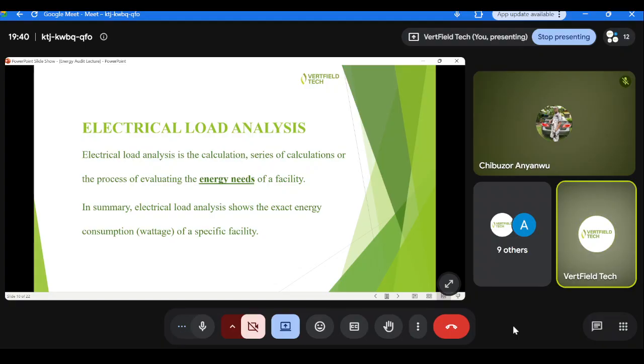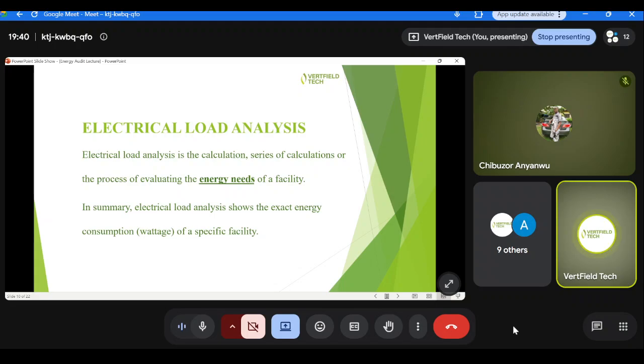If the energy audit helps you to know the energy need of a facility, by what means do you get to do that energy audit? That is where electrical load analysis comes in. Electrical load analysis is the tool that you use to carry out your energy audit.